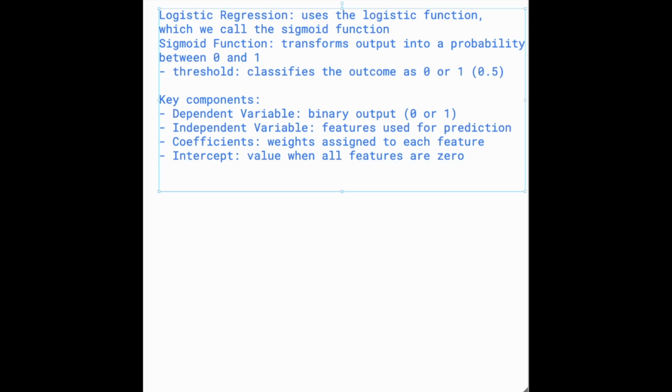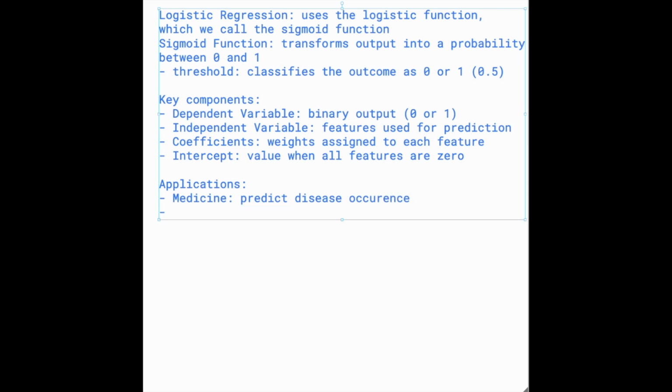Okay, so what is logistic regression used for? It's one of the more common ones, but you can use it in basically anything. For example, in medicine, you can use it to determine whether a tumor is malignant or benign, so you can predict disease occurrence.